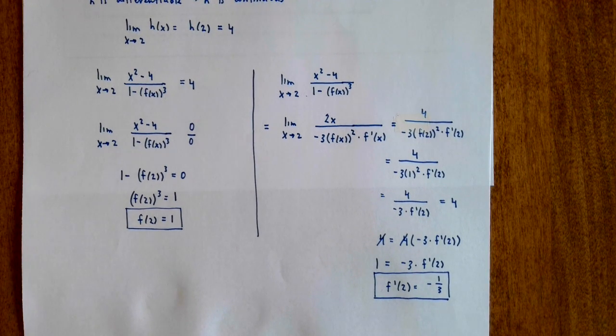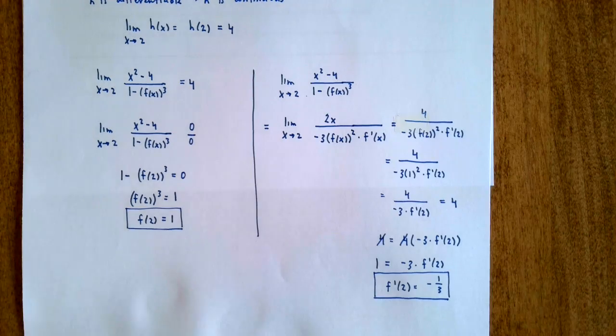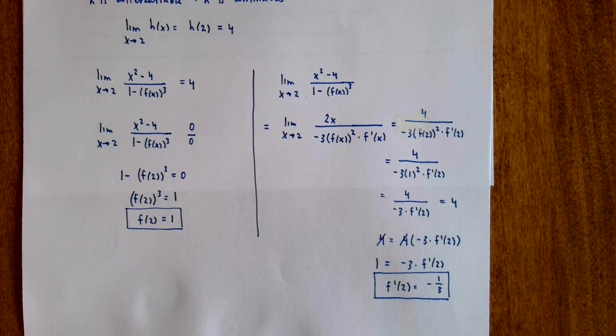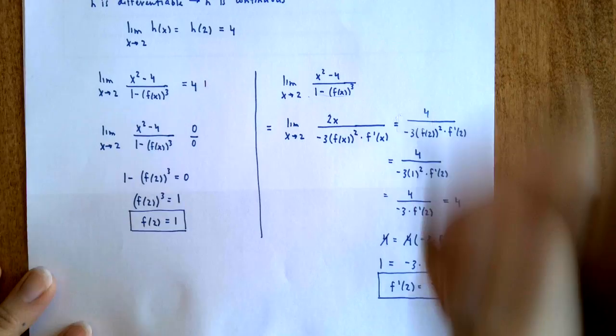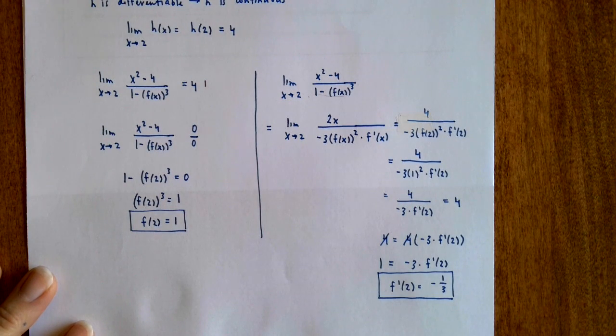So that is definitely a pretty meaty problem. They're asking you to make a lot of connections. So here's one where I'd say definitely watch the video, try it out, but we can talk through this one if you need help pulling all of those ideas together. As far as points, they assigned a point for knowing that the value of this limit was equal to 4 using the information that we were given.